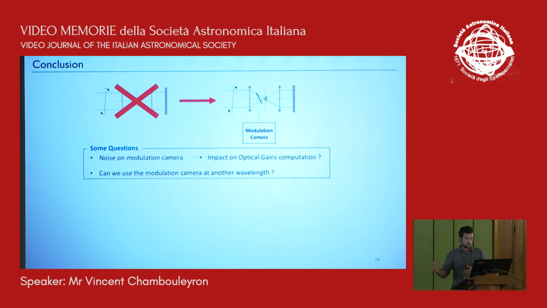So we have to study the impact of noise on our camera and the impact on the optical gain computation. And maybe we have some solution like trying to use the modulation camera at another wavelength so we don't steal photons from the pyramid. And everything will be tested also on the loops bench.